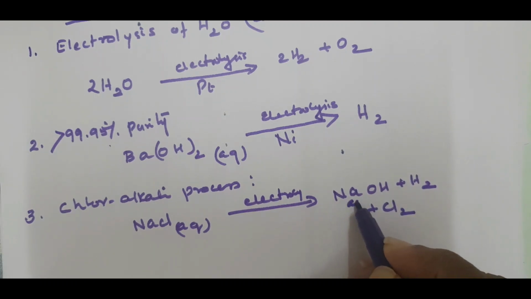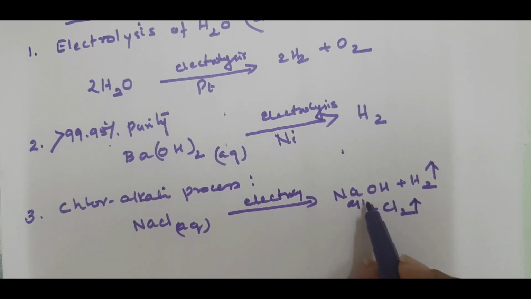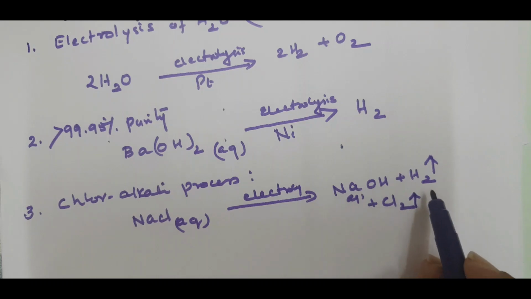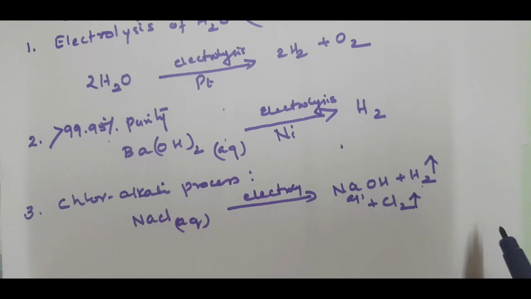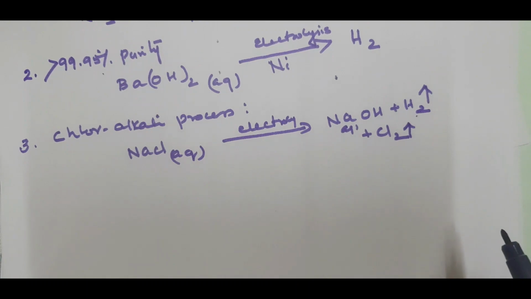Hydrogen is a gas, chlorine is a gas, and NaOH is aqueous. So when brine water, an aqueous solution of sodium chloride, is electrolyzed, you will get hydrogen at the cathode, chlorine at the anode, and NaOH solution. So this is the very simple third preparation of hydrogen.